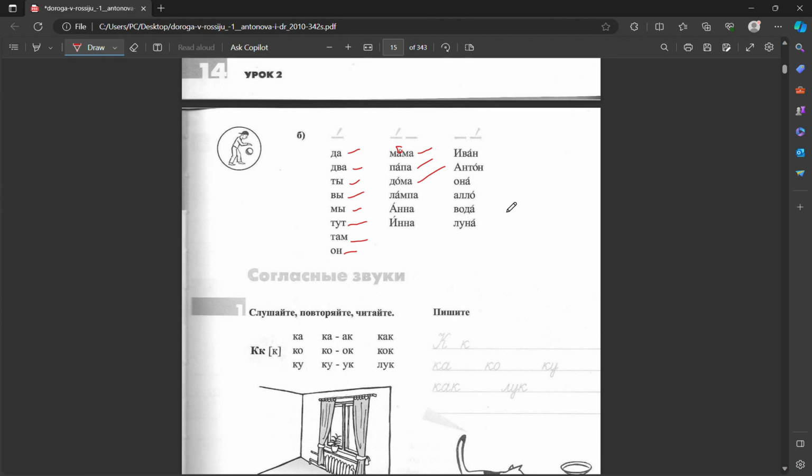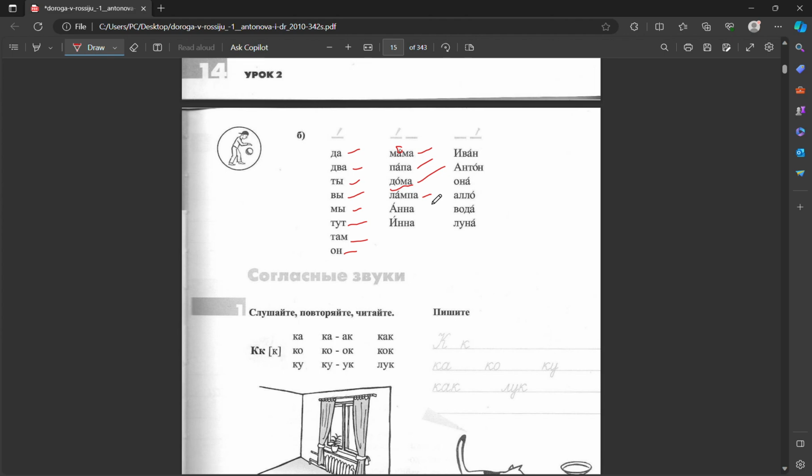So, as a word, it is dom. But because we said in the house, it becomes doma. Just memorize this word, doma, which means in the house. The form of in the house in Russian is doma.